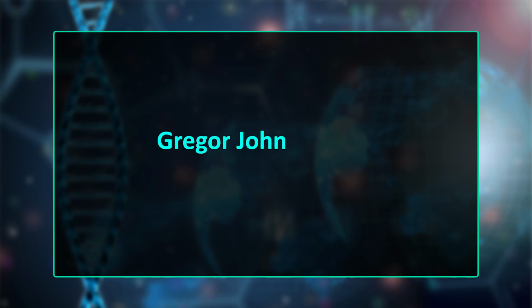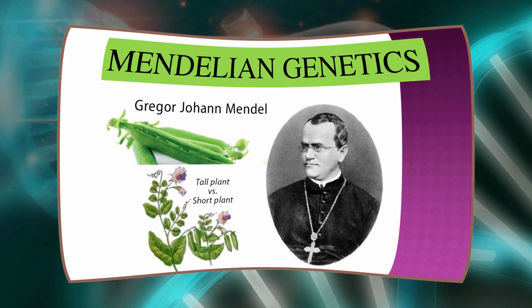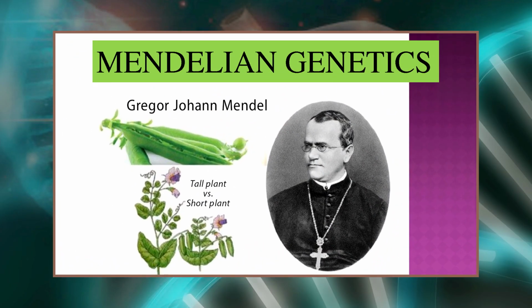Let us first discuss the contributions made by Gregor Johann Mendel, who is also called the father of genetics for his discovery of Mendelian principles. In 1866, Austrian botanist Gregor Mendel published the results of his experiments with pea plants. His work later provided the mathematical foundation of the science of genetics.